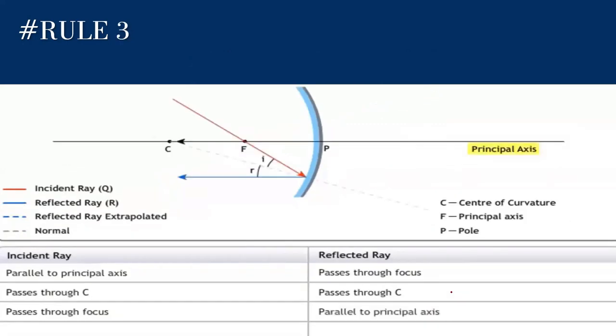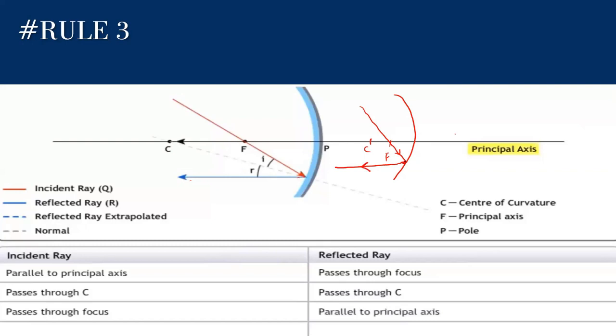Rule 3. Okay, now this is the vice versa of rule number 1. What was rule 1? If the incident ray is parallel to the principal axis, the reflected ray will pass through the focus. Rule 3: if the incident ray is passing through the focus, it will be parallel to the principal axis. This is your concave mirror. This is the center of curvature. Let this be the focus. So now if my incident ray is passing through the focus, my reflected ray will be parallel to the principal axis.